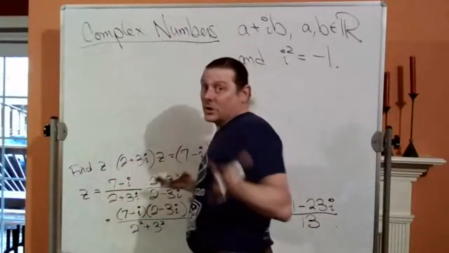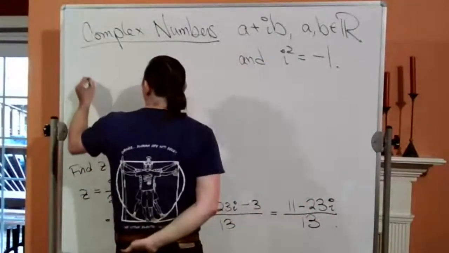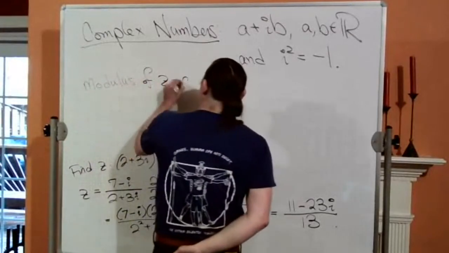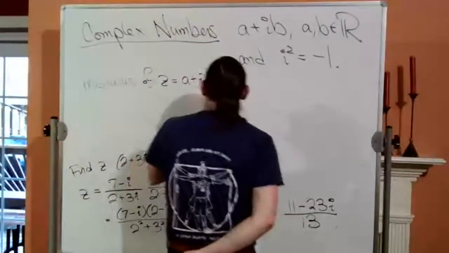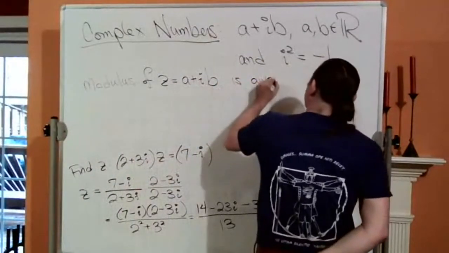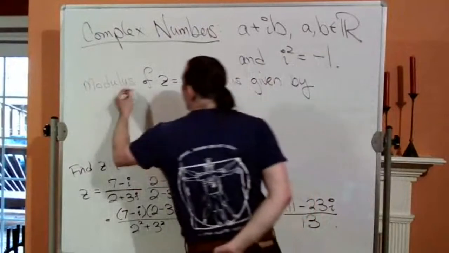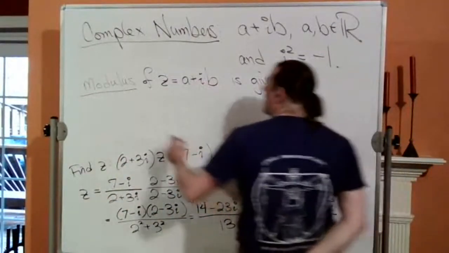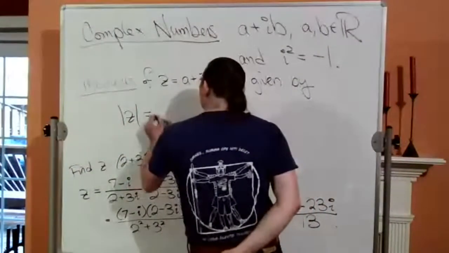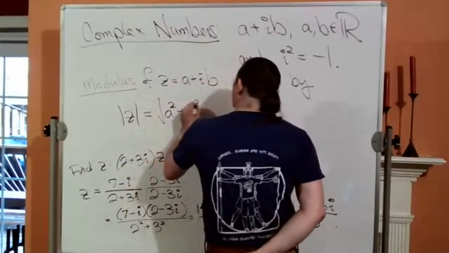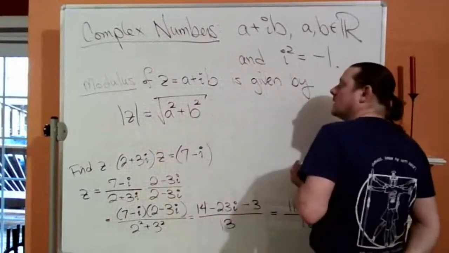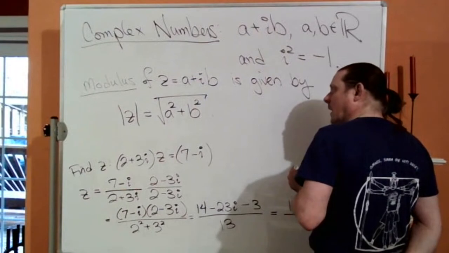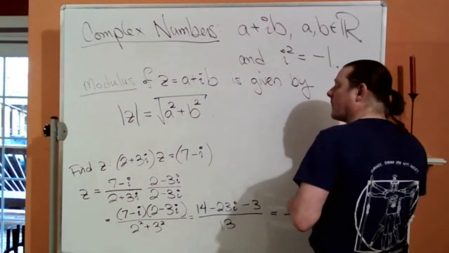And given any complex number, including 0, we're going to define the modulus of z, given by a plus bi, is written like this. It's written with absolute value symbols, like that. Okay? The square root of a squared plus b squared.